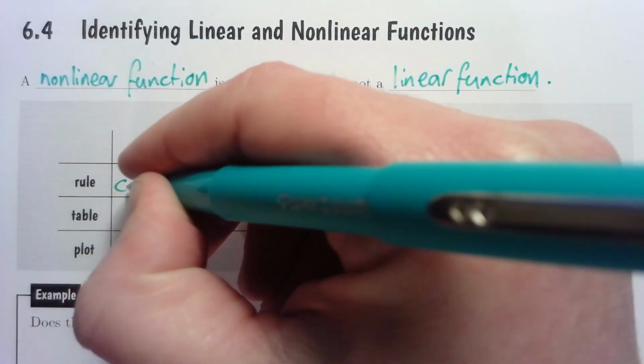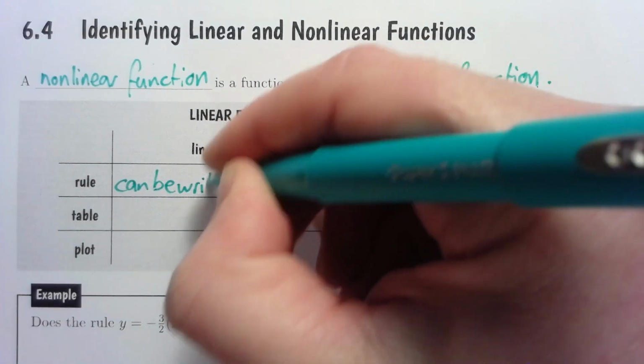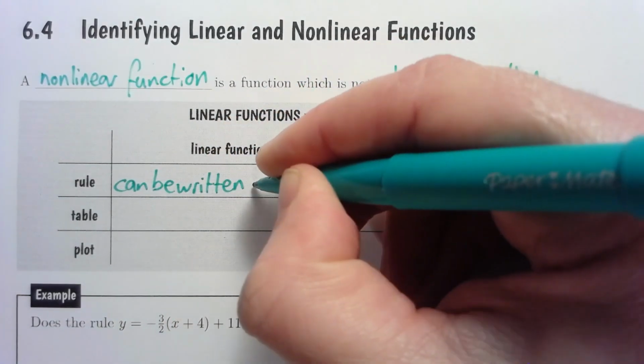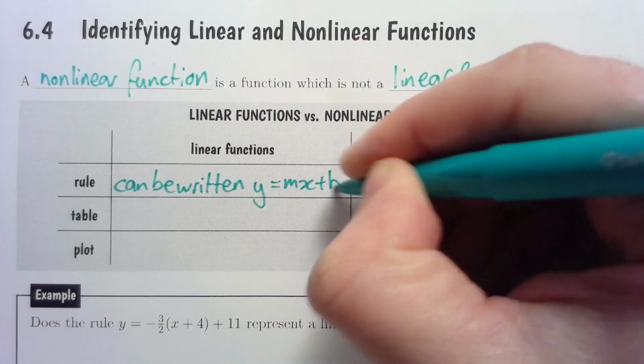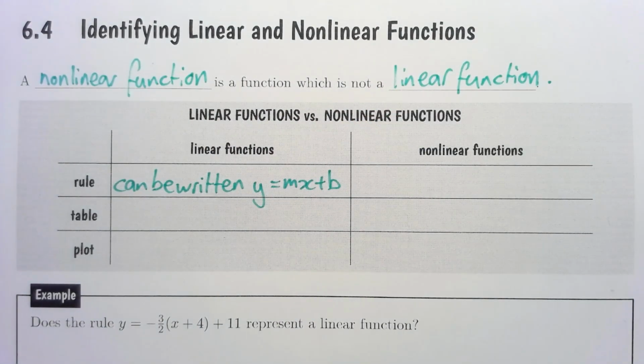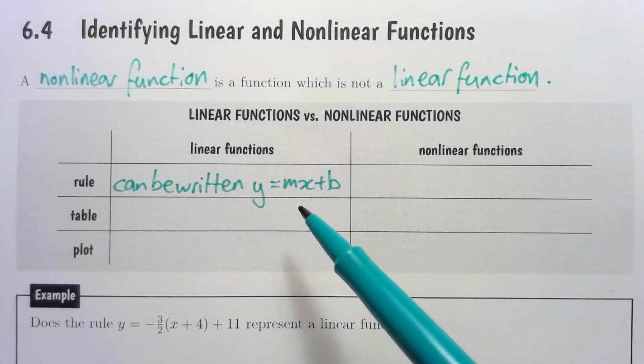For linear functions, we know that it can be written in our general form, y equals mx plus b. Now, just because a function isn't written like this doesn't mean it's nonlinear, but if we can find a way to write it like this, it should be linear.